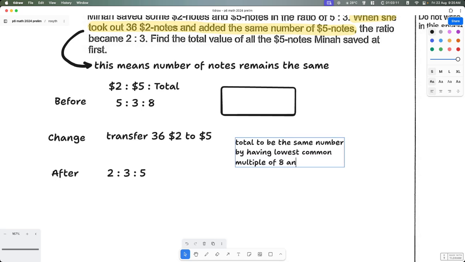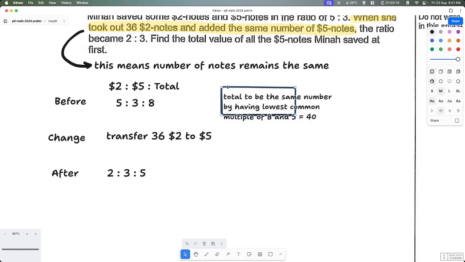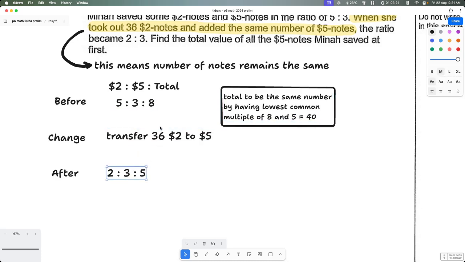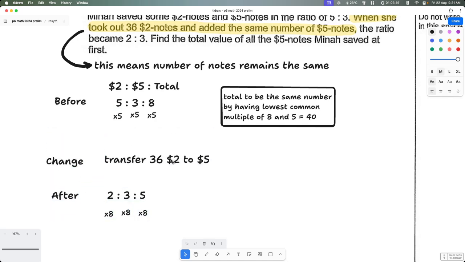of 8 and 5, which is 40. So now we just need to multiply each to 40. That means 8 and 5, we multiply the before by 5, so let's do everything times 5. Same goes to the after, we multiply this by 8. Now let's convert this, and put the change below.